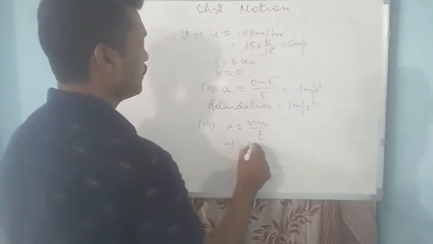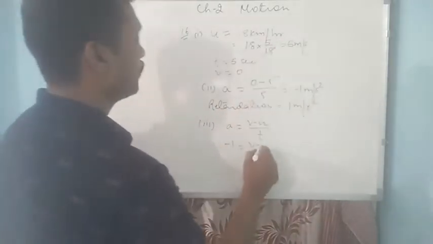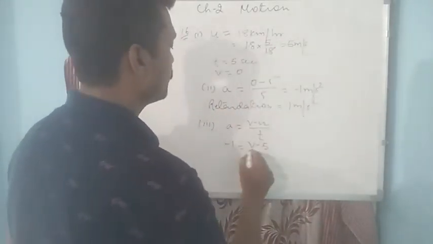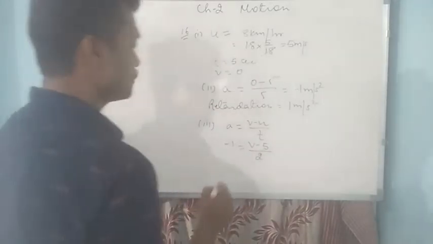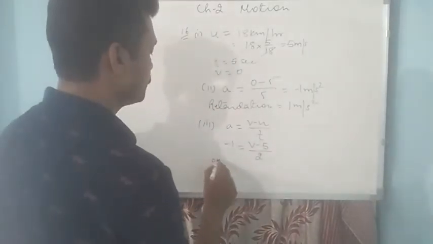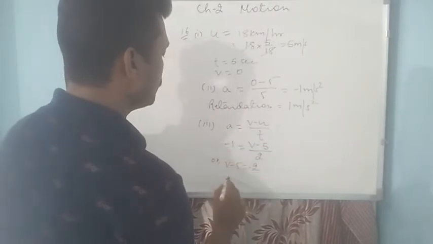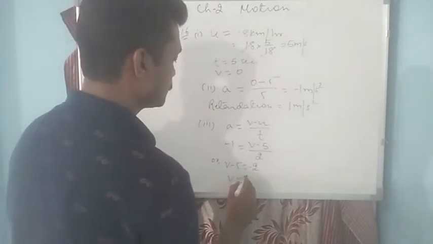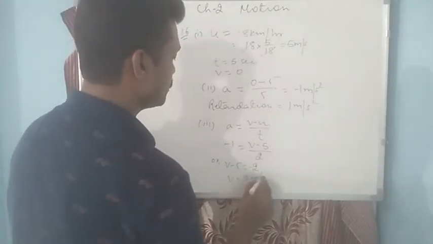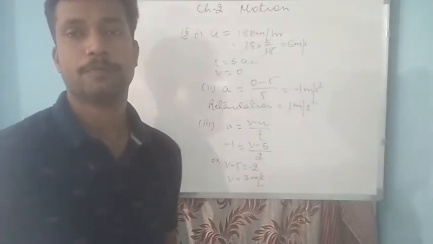Final velocity we have to find out. Minus u, 5 meter per second, and the time is 2 seconds. So it will be v minus 5 equal to minus 2. Therefore v is equal to 3 meter per second. This will be the answer. I hope it is clear.